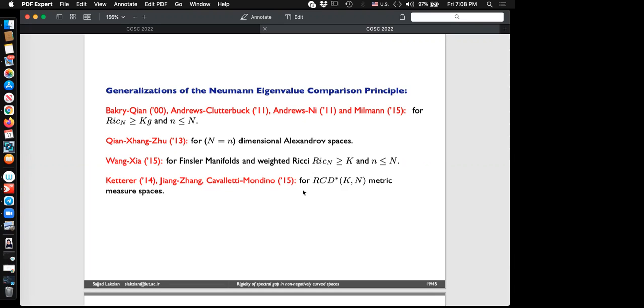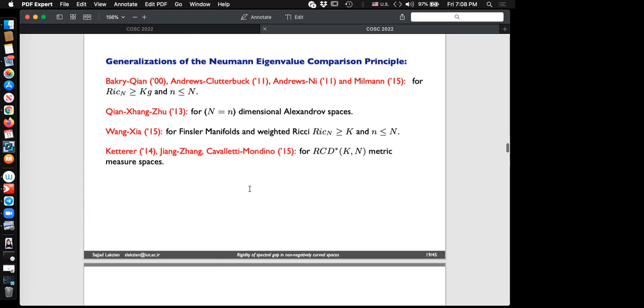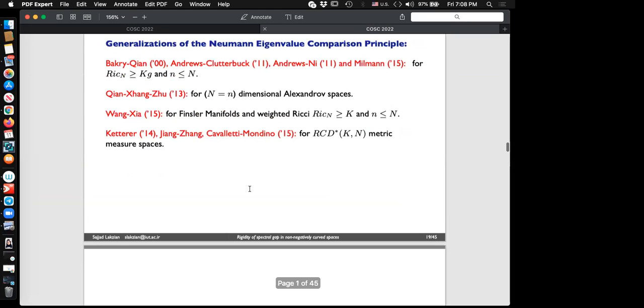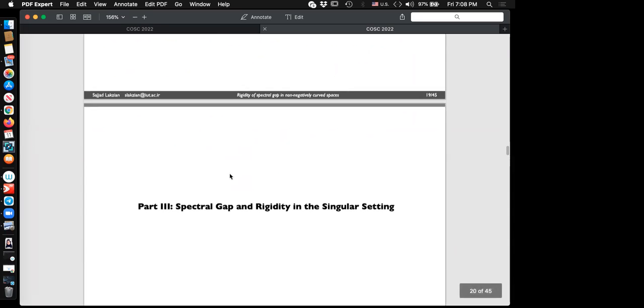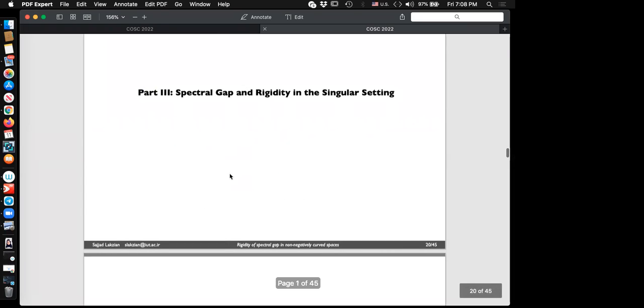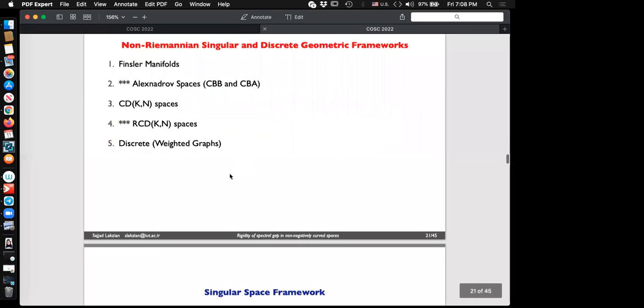Ketterer only for positively curved RCD spaces, Zhong Yang for positively curved spaces, Cavalletti-Mondino, they did the whole spectrum. Basically, they showed the same comparison holds for all K. They also discussed the rigidity, but only for the positive case, because the positive case required different, more standard tools than the non-negative case that we're going to see shortly.